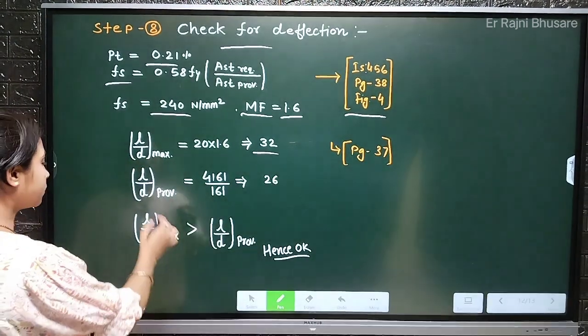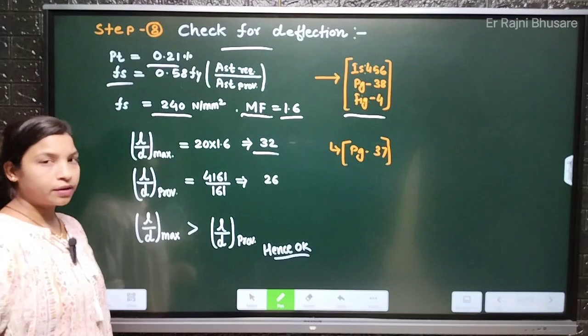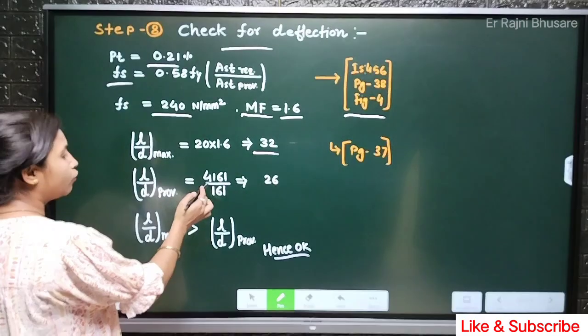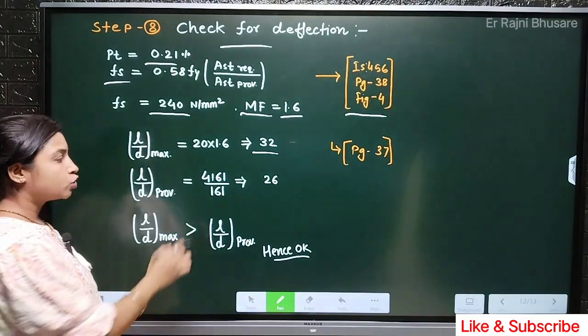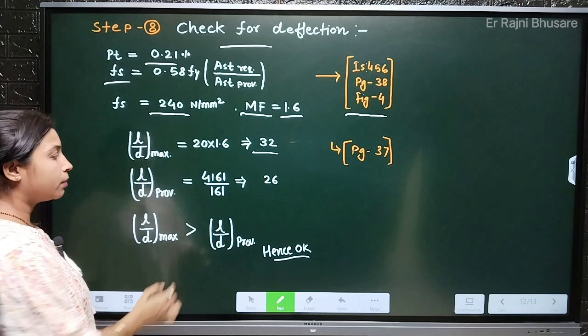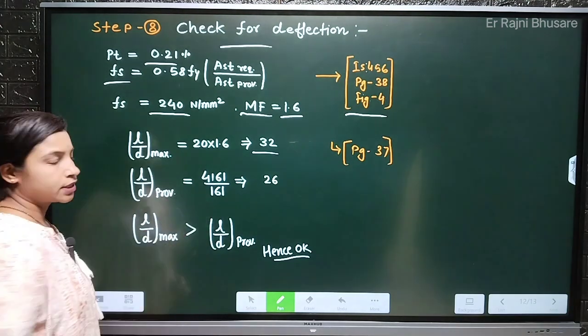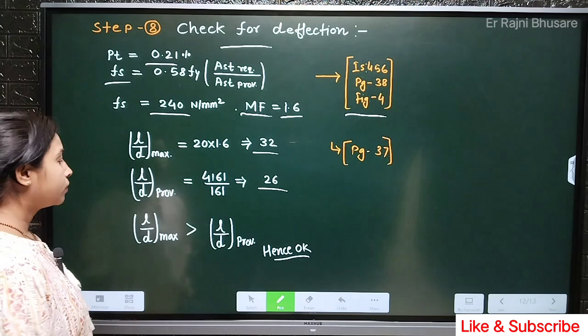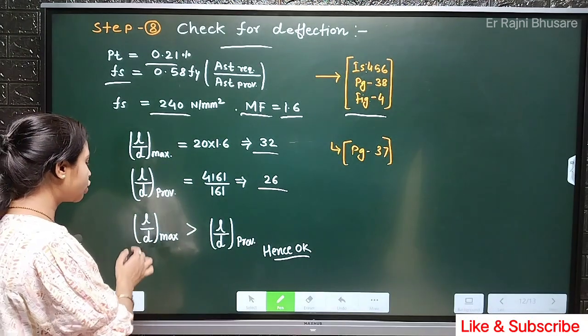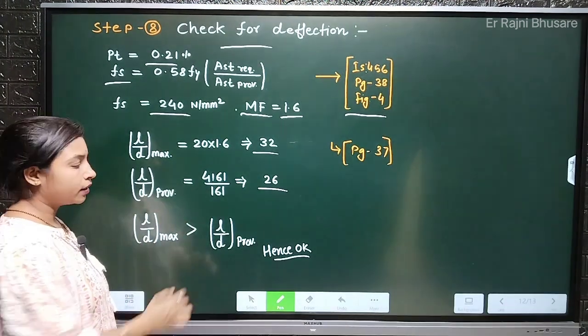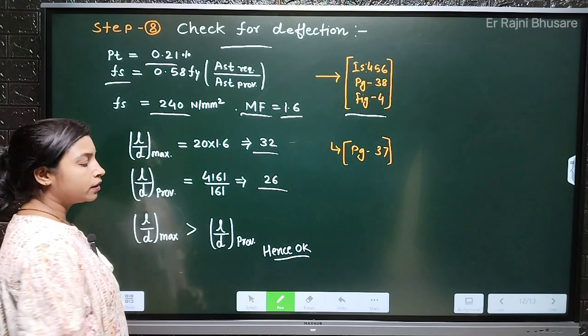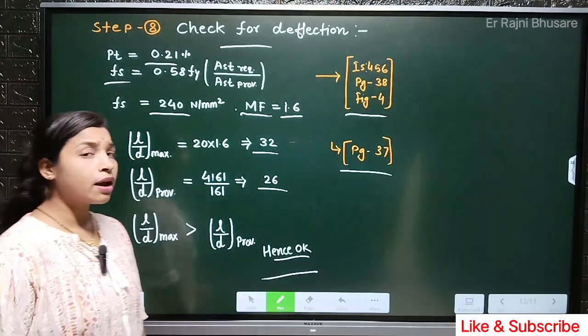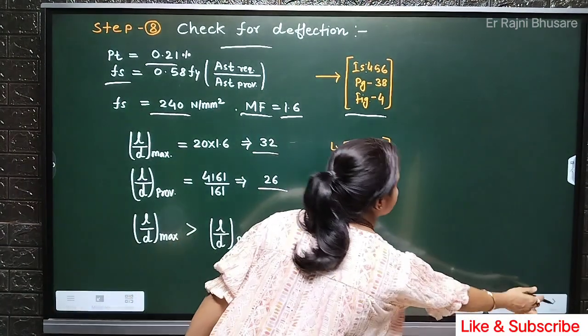And now our ratio L by D provided is our shorter span by our D effective, 4161 by 161. So here it is 26. Now we can say that our ratio L by D maximum is more than L by D provided. So hence okay.